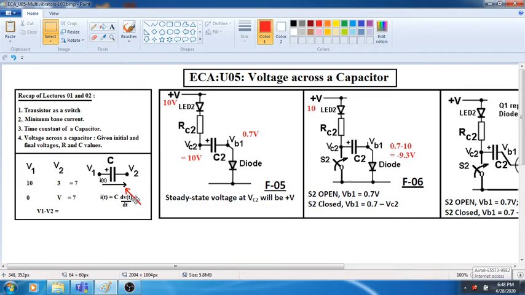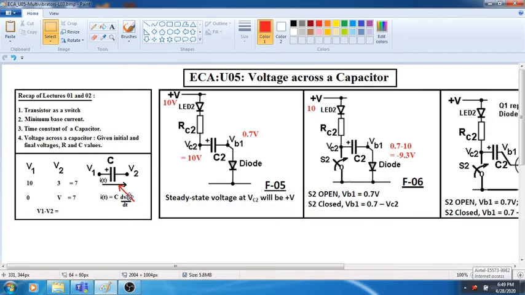Because practically we cannot supply infinite current to a capacitor, there is no way in which the voltage across the capacitor can suddenly change. That means in zero time it cannot change. So the same observation we will formulate as a general principle: the voltage across the capacitor cannot change instantaneously.